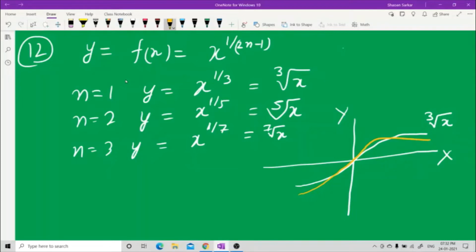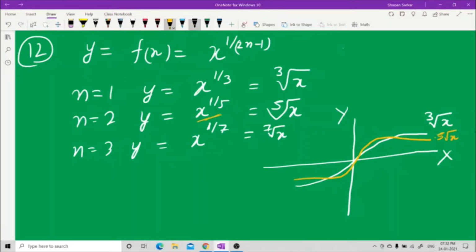My graph drawing is not that good. Wait a minute, let me redraw the structure again. This way, and this way. Yes, this is the fifth root in yellow color.